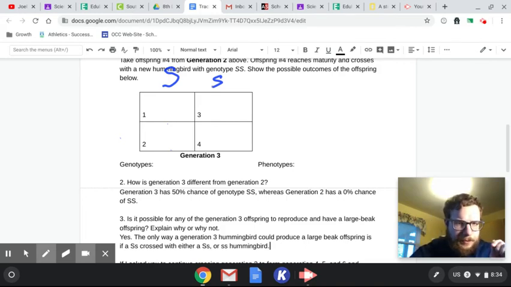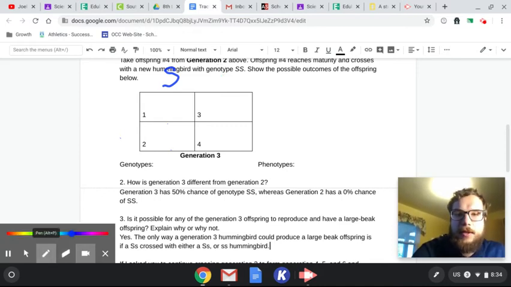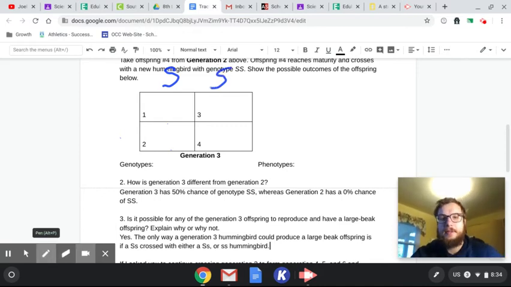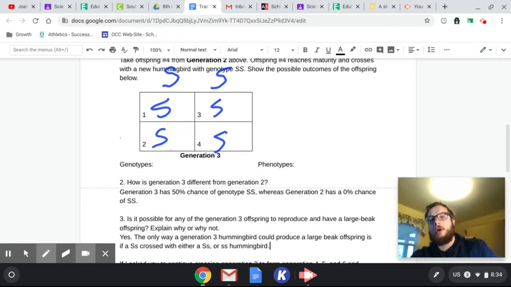Now, the reason that we know it has to be big S, small s is because check this out. If I were to instead take one of the birds that were 2 big S's, those top ones work down, right? So we would go here and here. Immediately, all 4 of our squares has a dominant trait in it. So it doesn't matter what the other parent would be, because it's all just going to be overshadowed by those dominant traits.